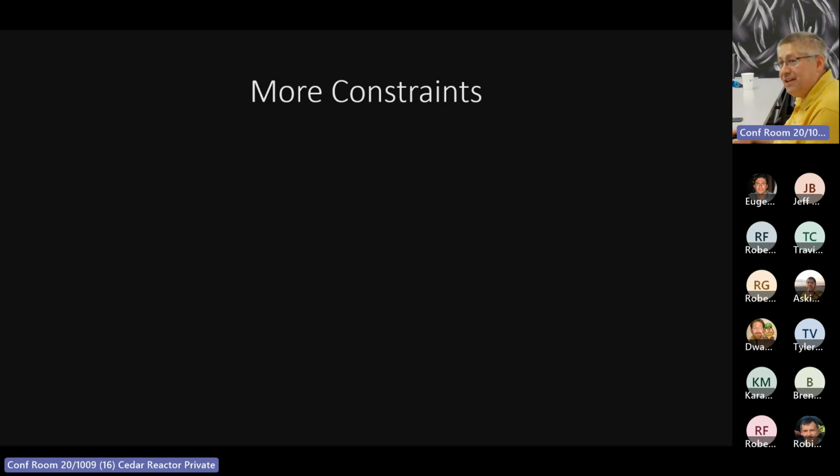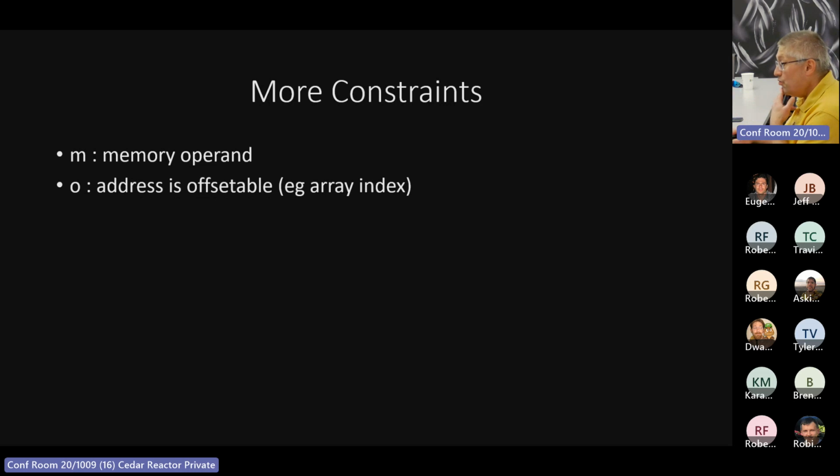So there are more constraints that are defined by GCC. There may be constraints defined by Clang or other compilers, but here are the most common constraints that are generically used. One is the M constraint, which is used for a memory operand. It's like a memory address or a pointer. O is like an address that is offsetable, like a pointer to an index inside of an array, or an array with the index of that particular memory location.